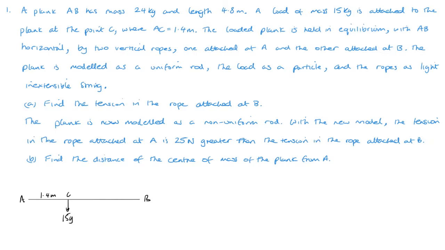The loaded plank is held in equilibrium with AB horizontal by 2 vertical ropes, one attached at A and the other at B.